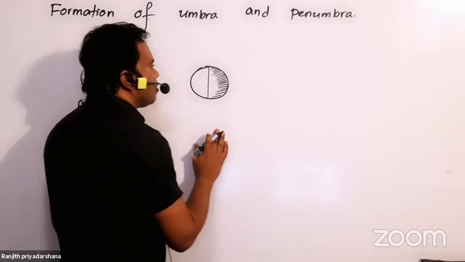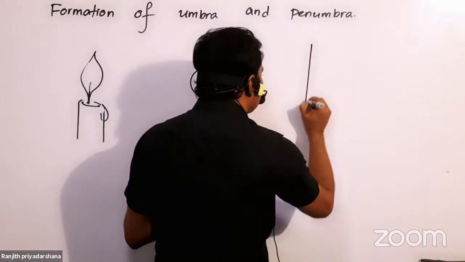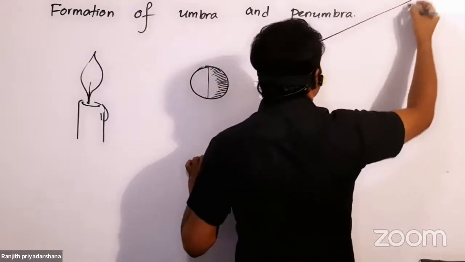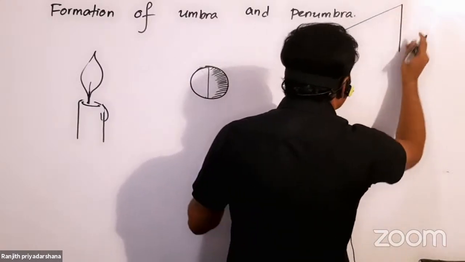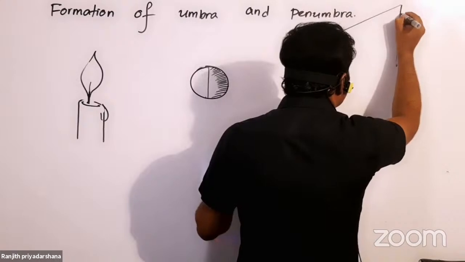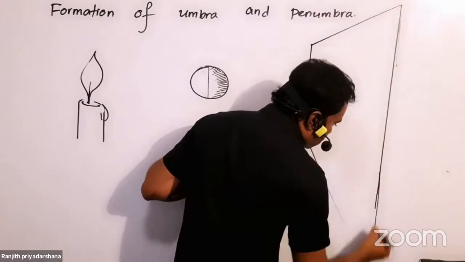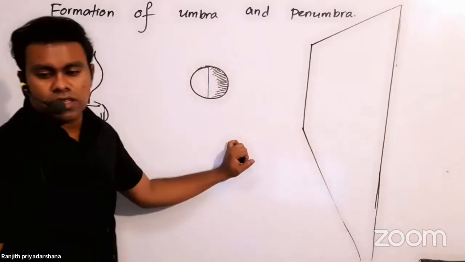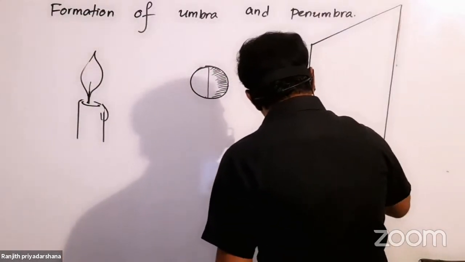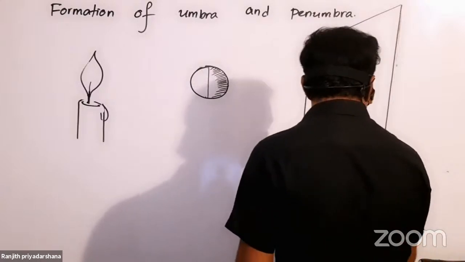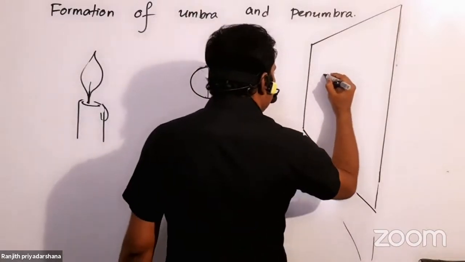If you put a screen here, here's the screen, you can see the shadow of this object on the screen. So you can see it like this.